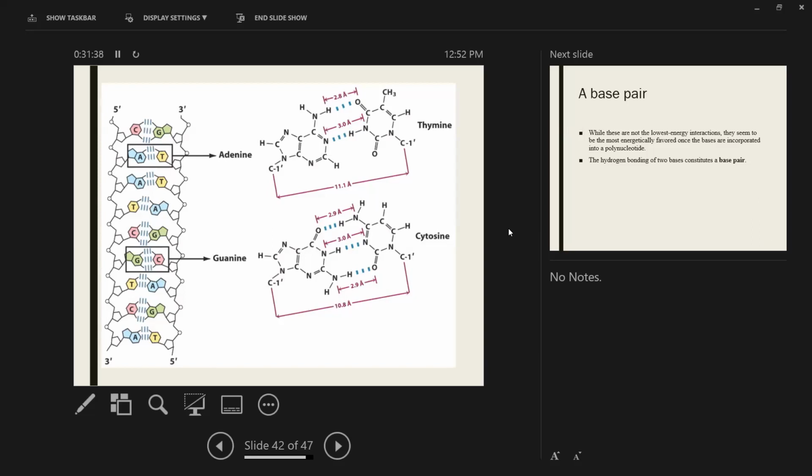And I think you might look at this and say, that's the only way they can bond. It isn't. But when you hook the bases to the sugars and you put them in a polynucleotide and you want to make a double helix, this is the way they're going to hydrogen bond. The manner in which they hydrogen bond is constrained when you put them in a polynucleotide, and then you make a double helix out of that.